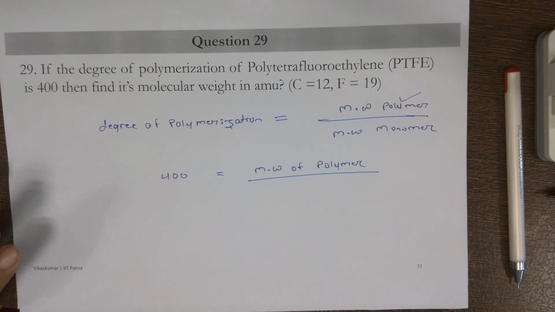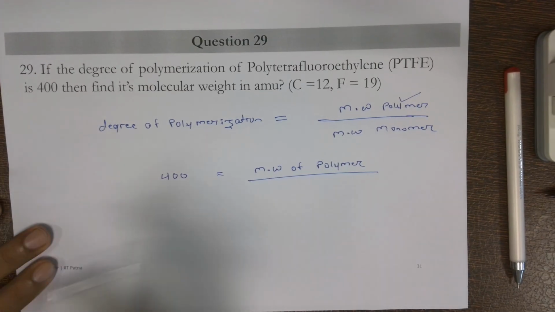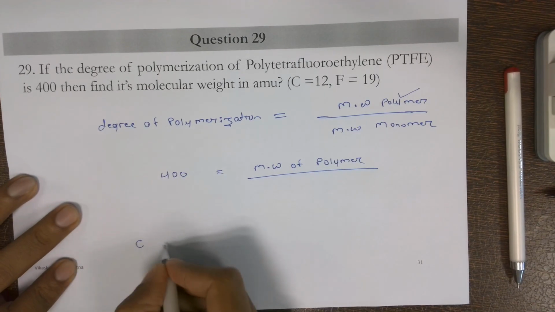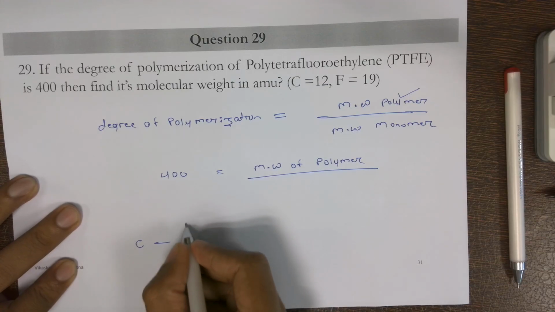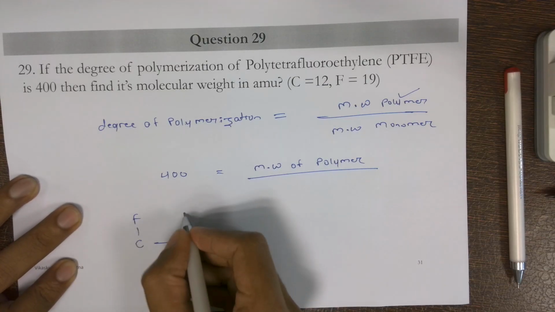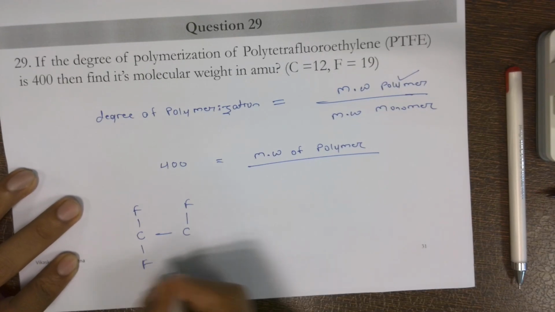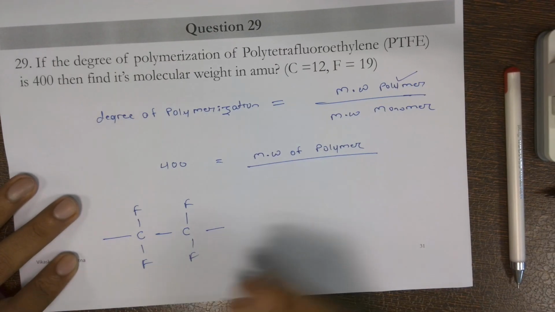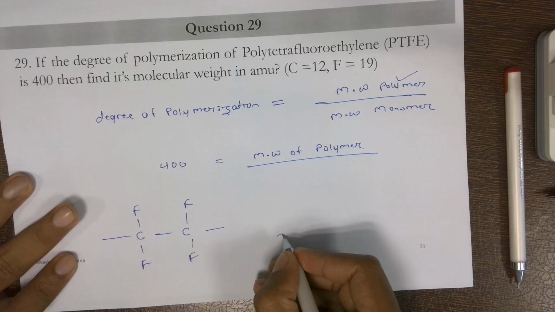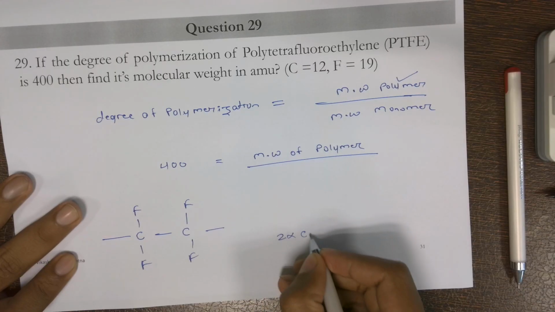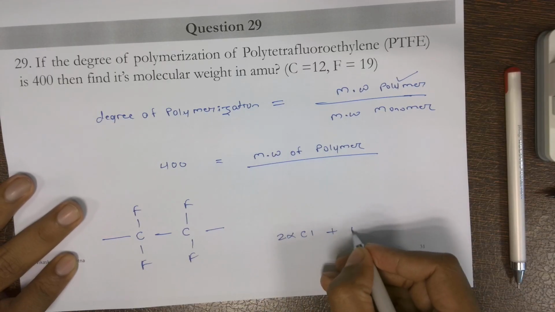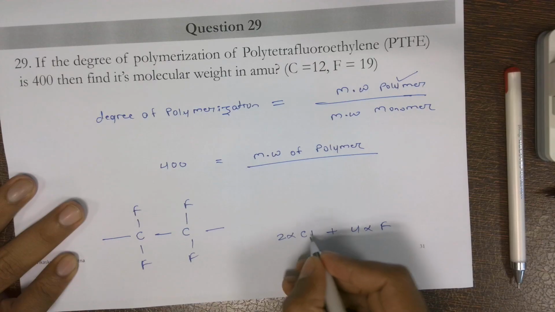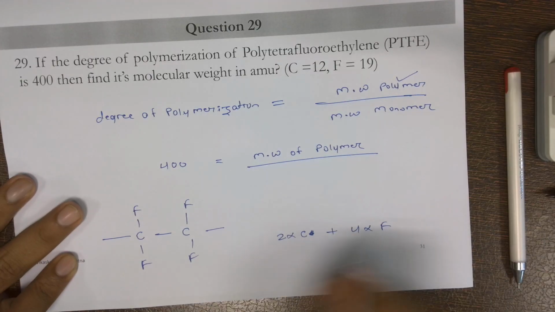What will be the weight of the monomer? The monomer is made of the chlorine itself, carbon, and fluorine. Okay, the remaining are repeating. So here it is given by 2 times of carbon and 4 times of fluorine.